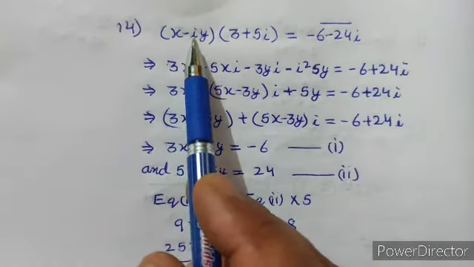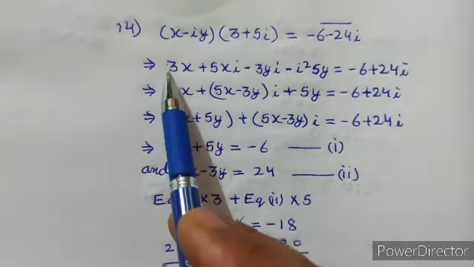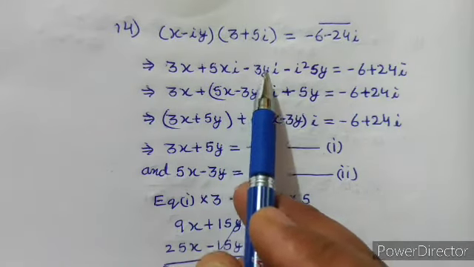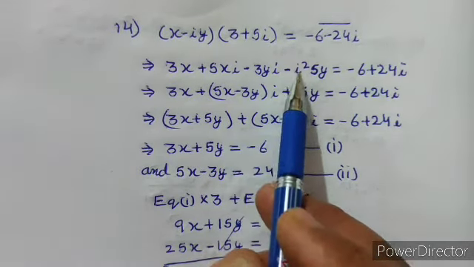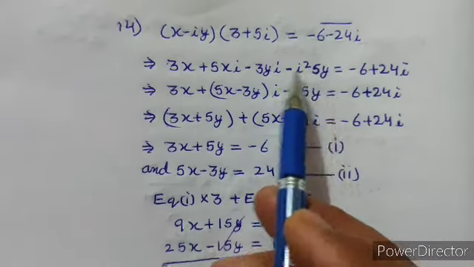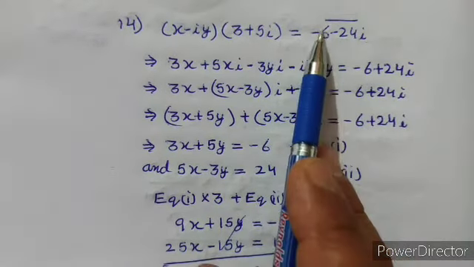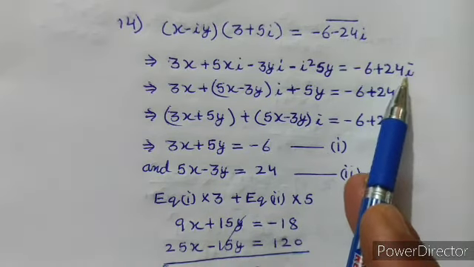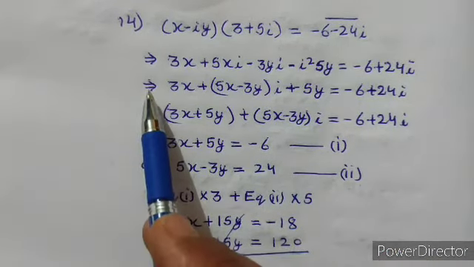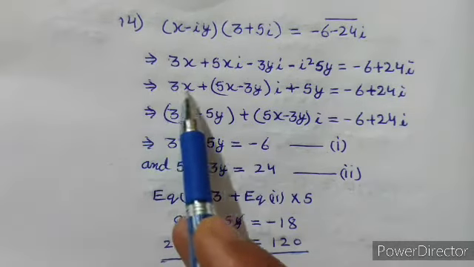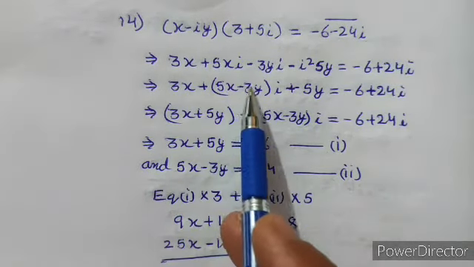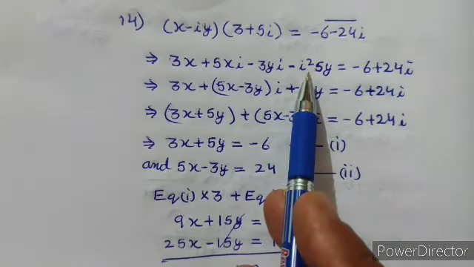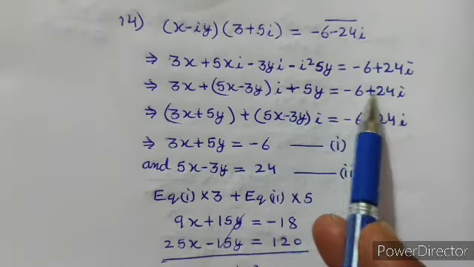Now (x - iy) into (3 + 5i) will be equal to 3x + 5xi - 3yi - i square 5y, and the conjugate of -6 - 24i will be equal to -6 + 24i, and this will give us 3x + (5x - 3y) into i + 5y, as i square is equal to -1, equal to -6 + 24i.